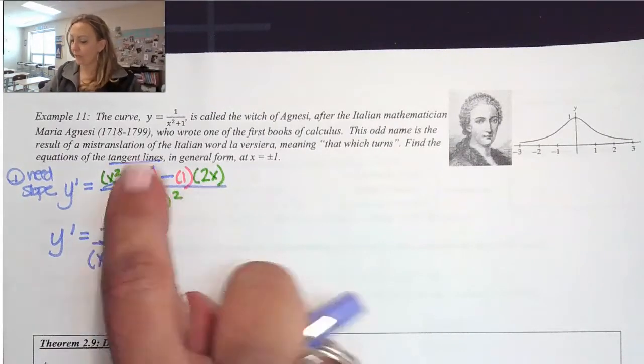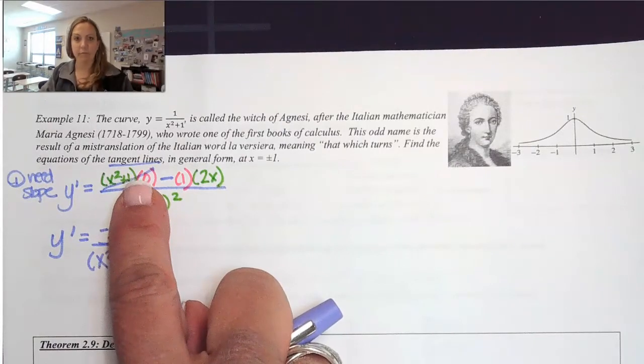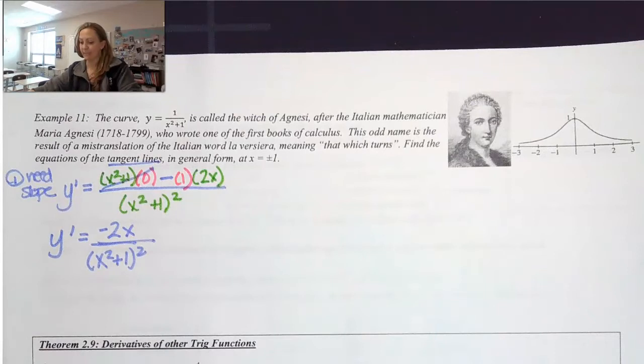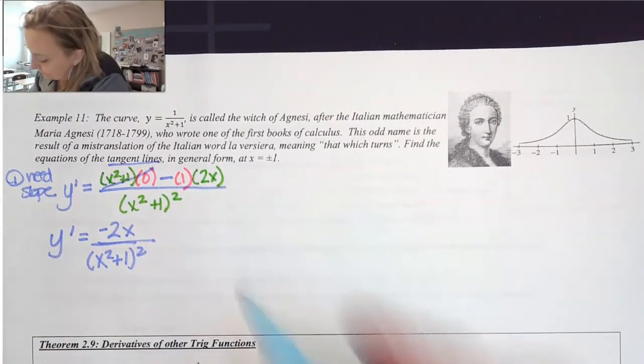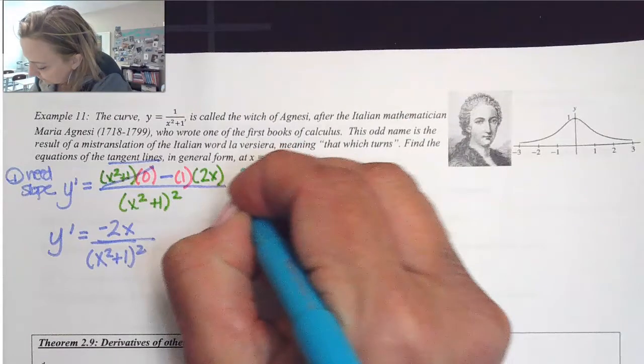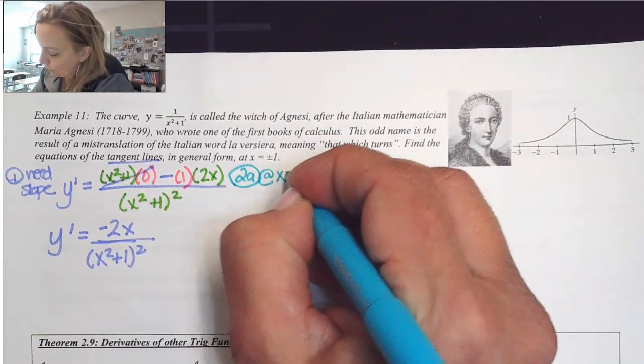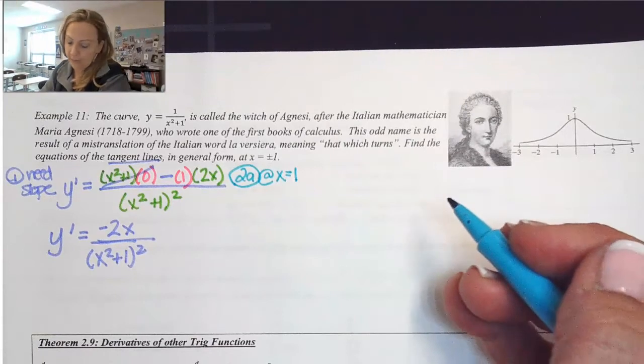Now, it wants the equations of the tangent lines at two places, at x equals positive 1 and at x equals negative 1. So let's find each of those. Let's start at x equals positive 1. We're going to need to find, at x equals 1, what is our slope going to be?